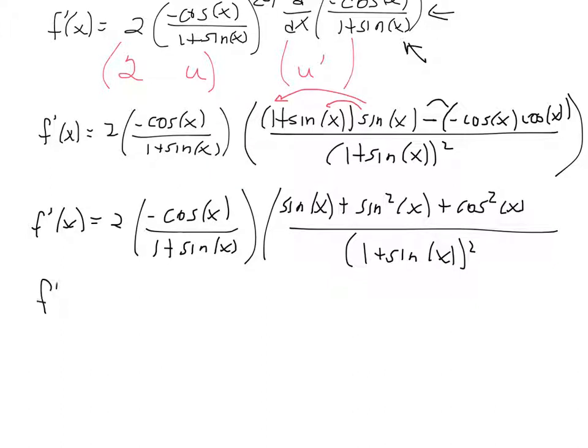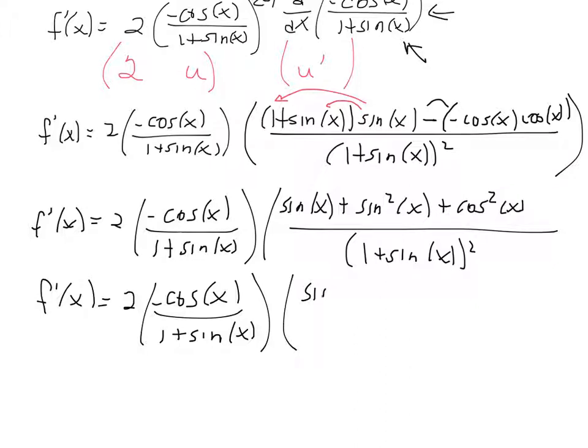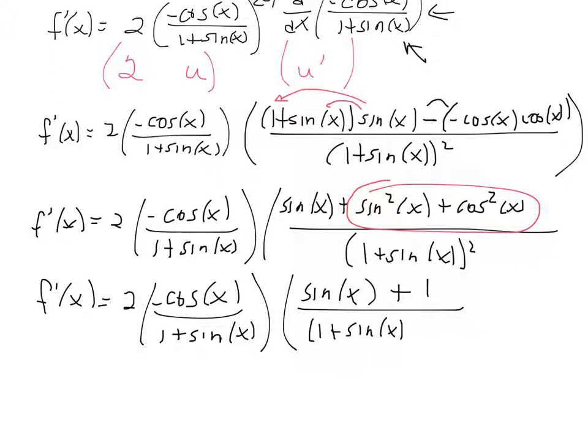And so this becomes 2 times all that junk in parentheses still. 1 plus sine x, that piece becomes 1. So plus 1 over, I'm going to go ahead and separate this so you can see what I'm canceling.